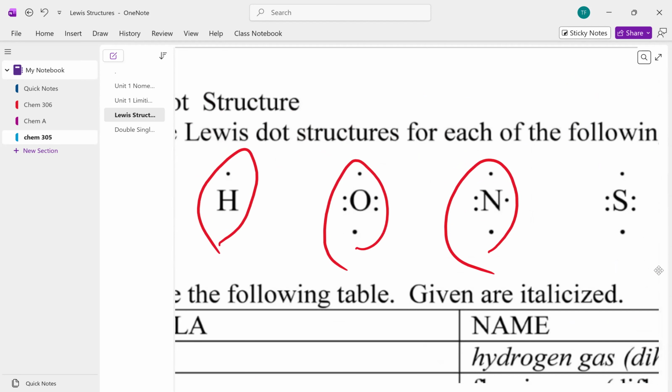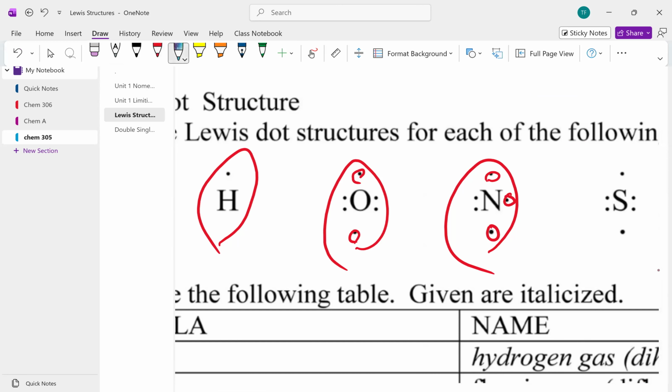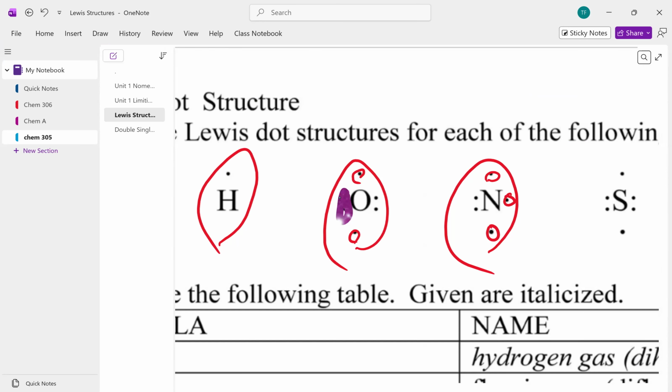Same with nitrogen. Notice that nitrogen and oxygen have singletons.